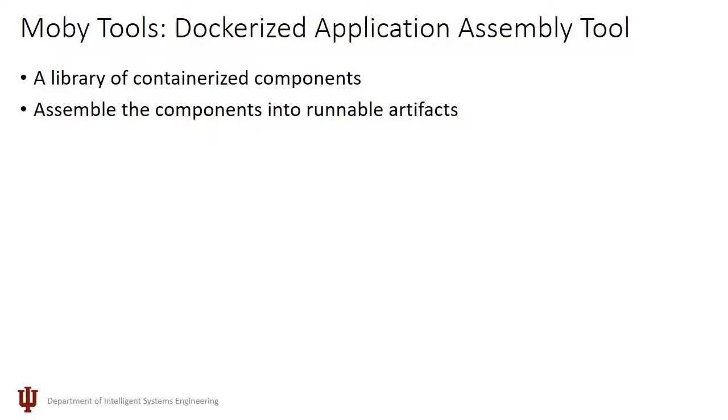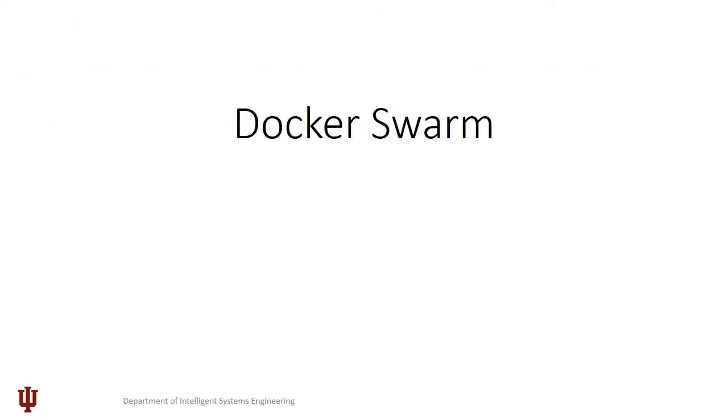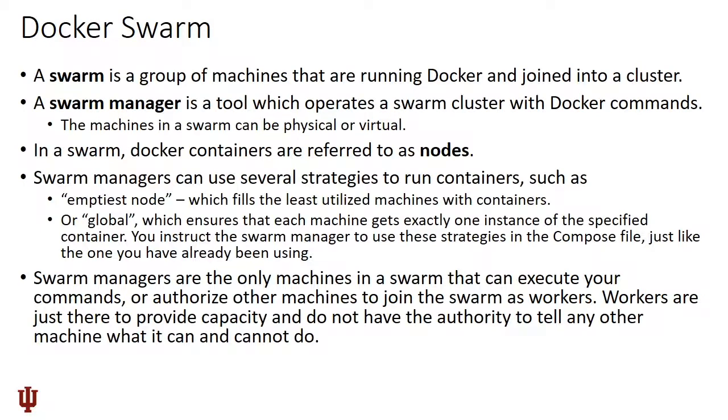I have really skipped over this quite quickly because I wanted to get to something that is important to note, and that is a technology called Docker Swarm. Docker Swarm provides a group of machines as part of Docker to be joined into a cluster.